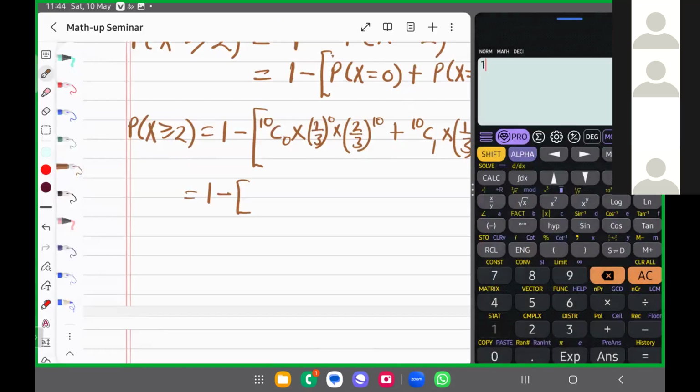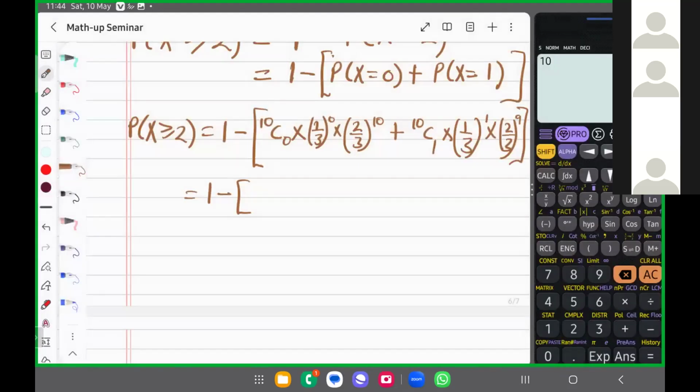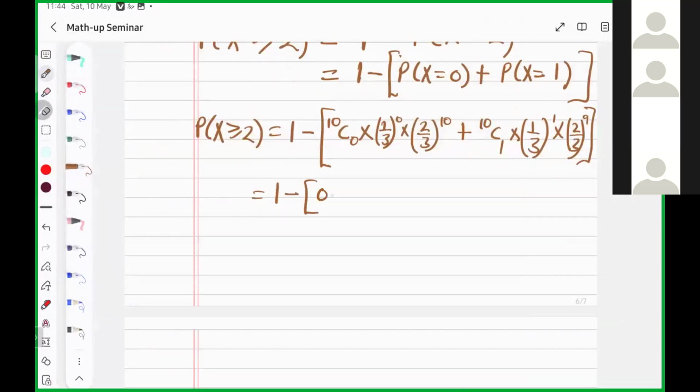Okay. I have 10 combination 0. Kitty. Yes? For the first one, I'm getting 0.0173.